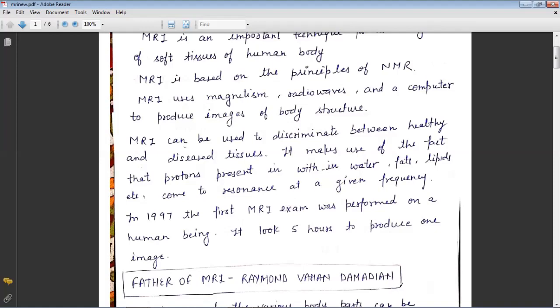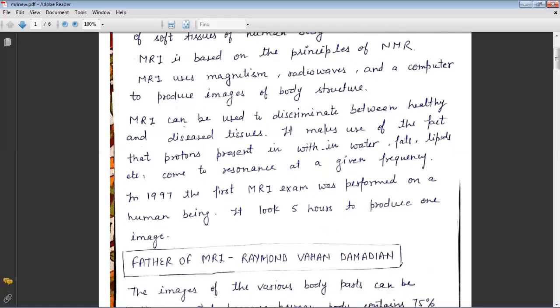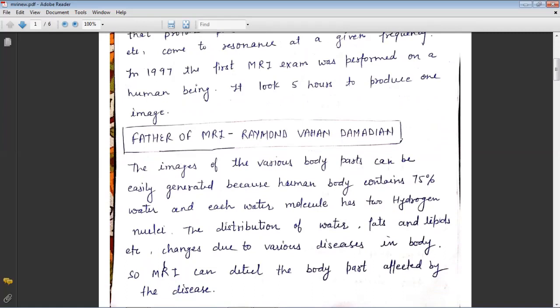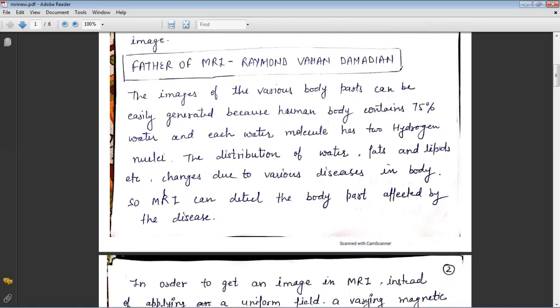The scientist known as the father of MRI is Raymond Vahan Damadian.